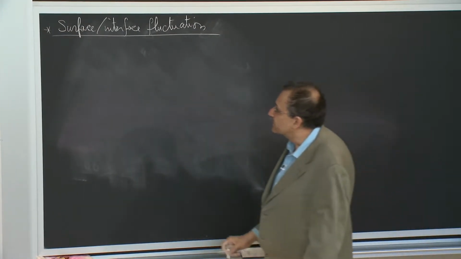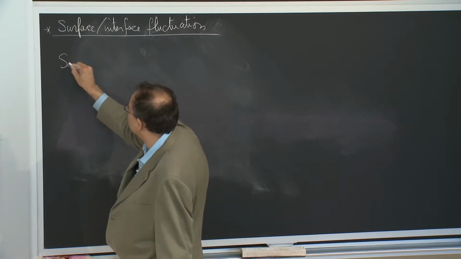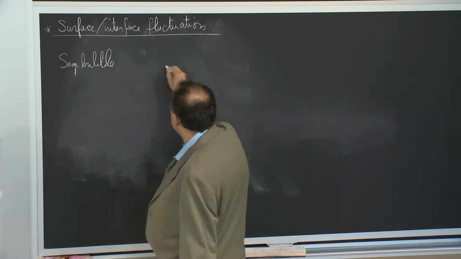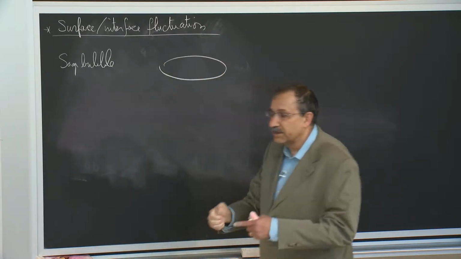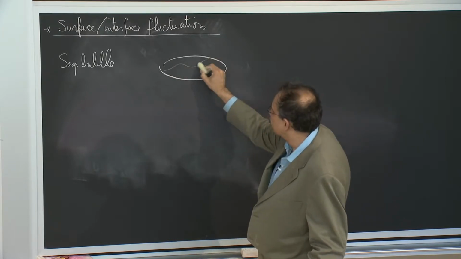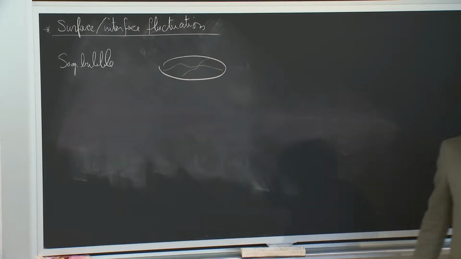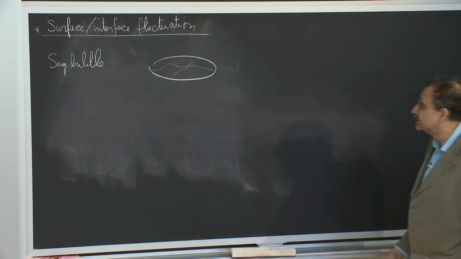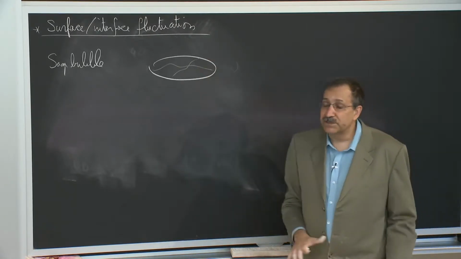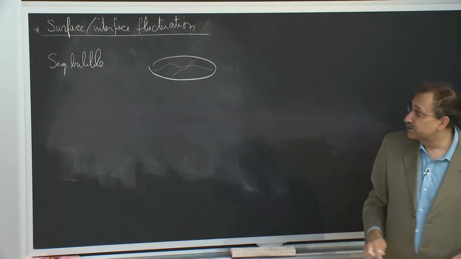Let's first start with the case of a soap bubble. So we take some kind of a circle or whatever, and we put a soap bubble on top of it. And in this case, the energy of deformation, the cost of deformation, comes from surface tension.